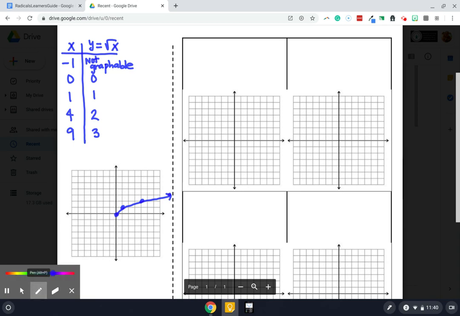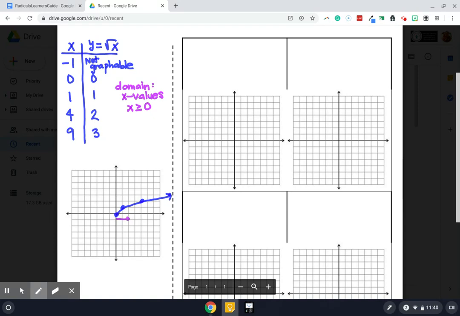If we wanted to break this down, we would say some things about the domain, which means what are the x values of this graph? And in this graph, x is always greater than or equal to 0. So in other words, here's where x is 0, and we're going to get all the points going that way.